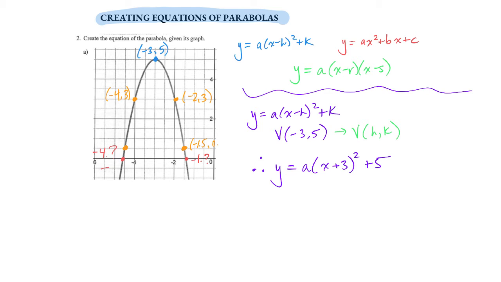Nope, because that scale is 1. How about 0.5? And the matching point on the other side is going to be at -4.5 and up a half. So I get all of those points on there.